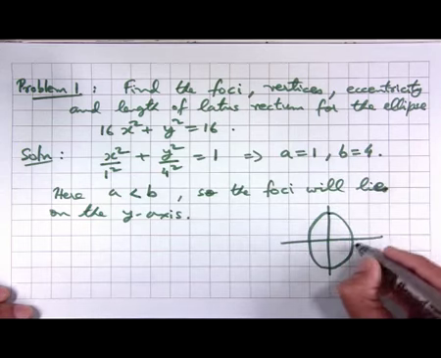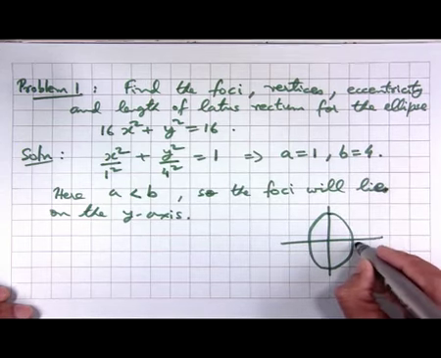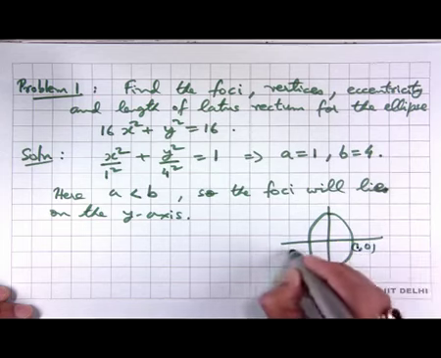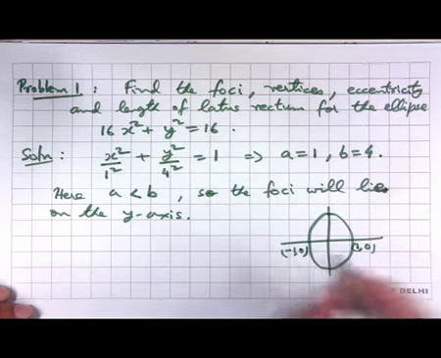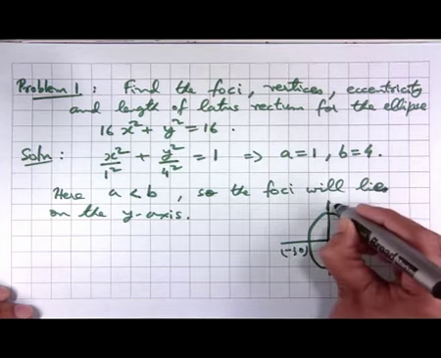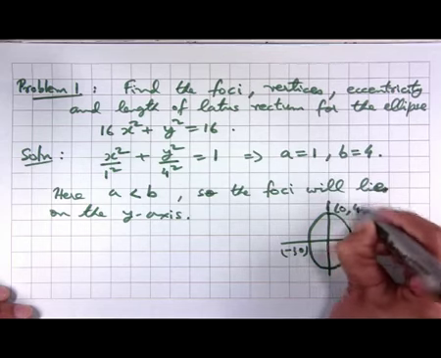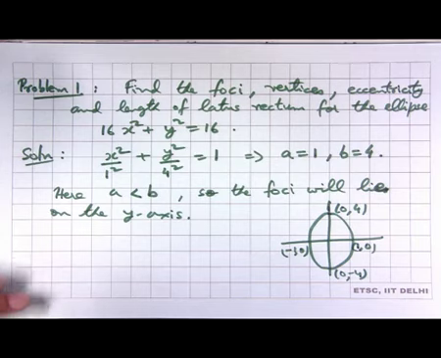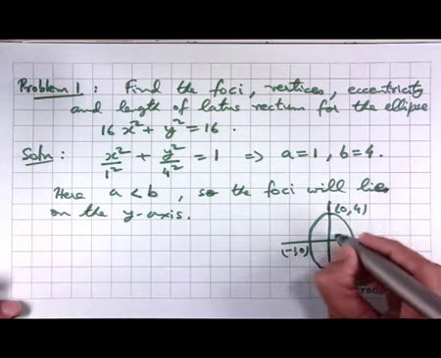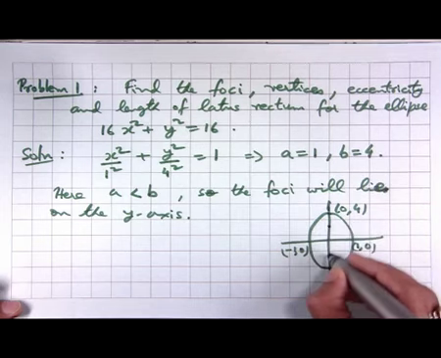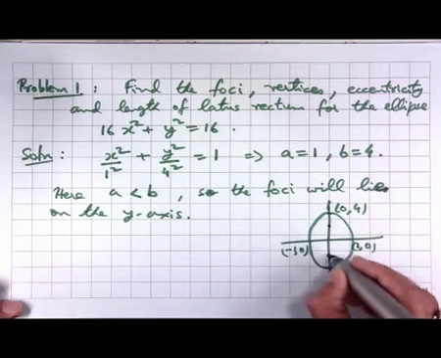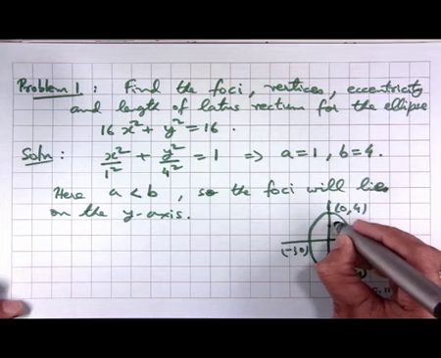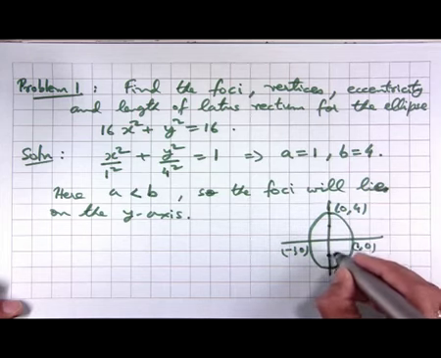We have 1 comma 0, minus 1 comma 0, 0 comma 4 and 0 comma minus 4. So, the foci in this case will be on the y axis. So, this will be F1 and F2.